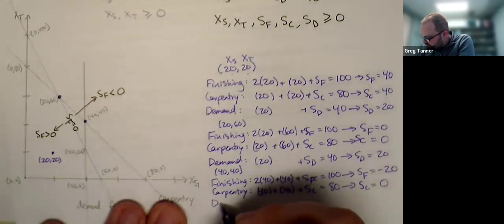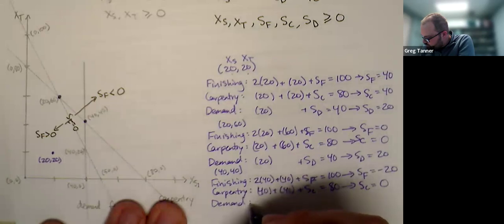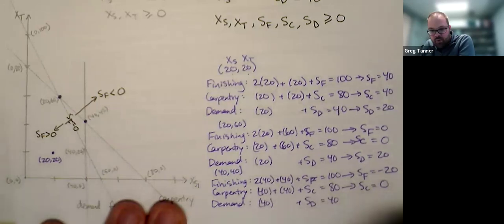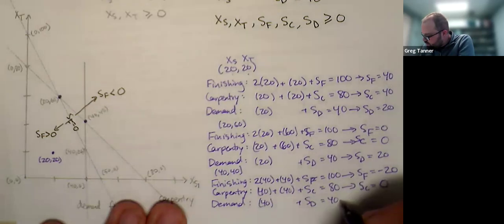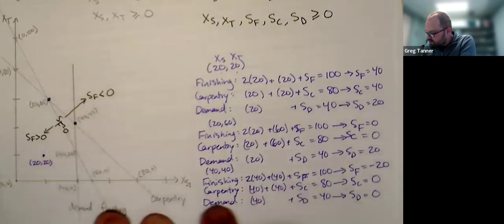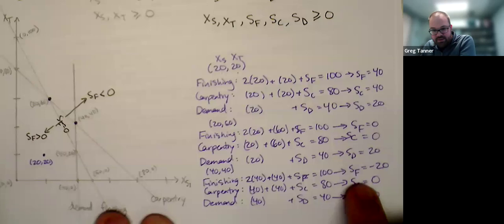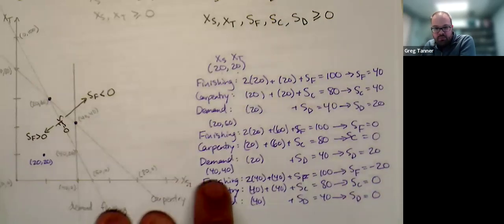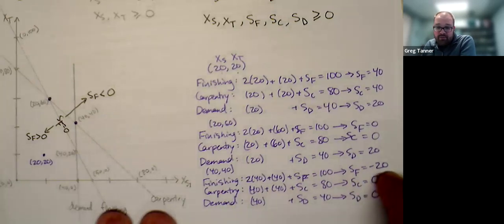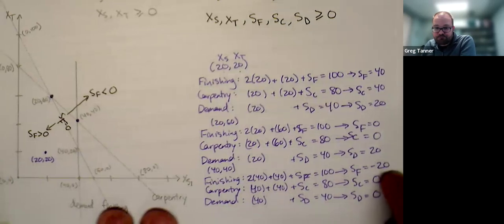And then demand, we'll have 40 plus SD equals 40, subtracting 40 from both sides, and we'll get that SD equals 0. Okay, so the point 40, 40 is on the constraints for demand and carpentry. It's on the boundaries of those two constraints, but it's on the wrong side of the finishing constraint. And so this is outside the feasible region because we've got one of our slack variables with a negative value.